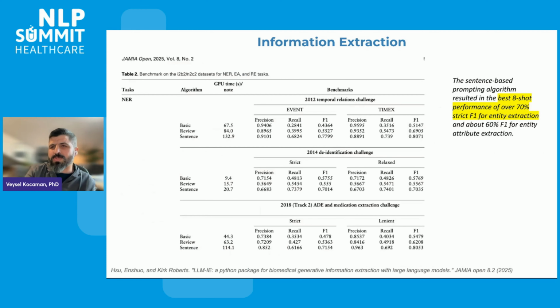But when it comes to accuracy, the reality is that even with the best 8-shot performance, this is what the paper says, by the way, they were able to hit only 70% strict F1 score for entity extraction. Even when they improve the prompt with some examples, we call it 5-shot, right? They were still not able to achieve above 90% accuracy.